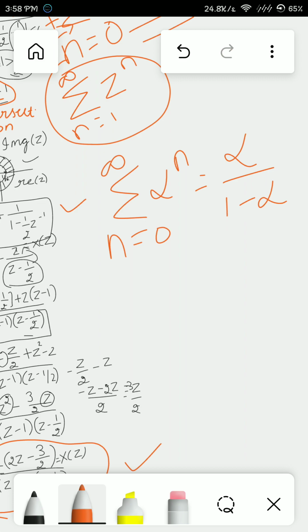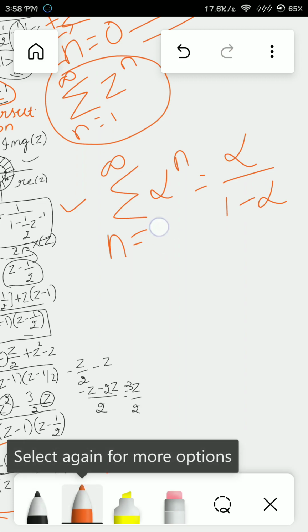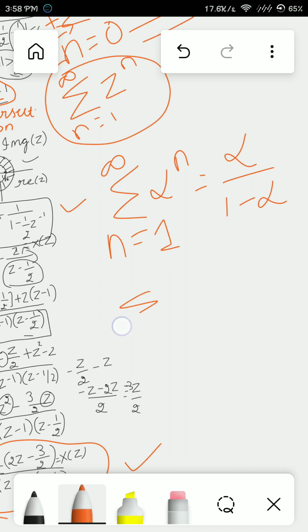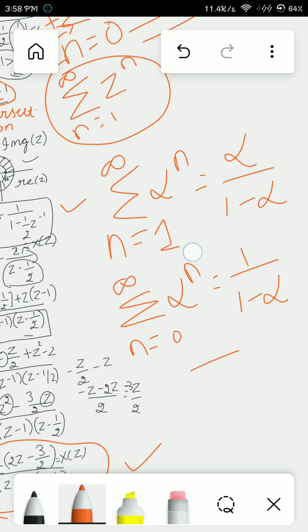Sorry, this is one formula, just a second. For the summation from n equals 0 to infinity of alpha to the power of n, it is equal to 1 divided by 1 minus alpha. You have to remember these formulas, not only for this particular question, but for all the questions, right?